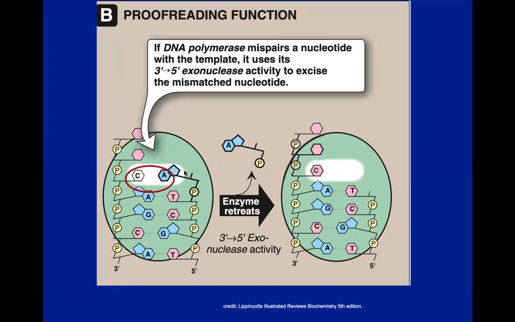So the hydrolysis capacity is from 3' to 5' direction. So it has 3' to 5' exonuclease activity because it acts from the ends. Because of this activity, this wrongly base paired base is removed. You can see here. And then the correct base pair will be formed.